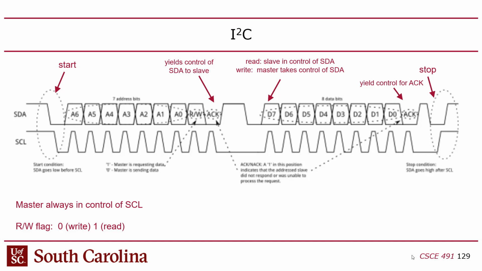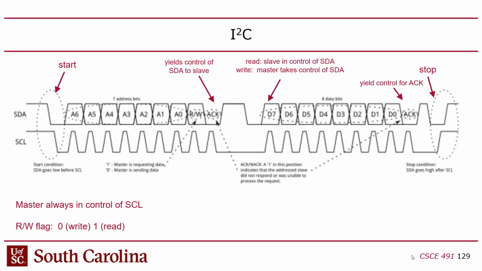Now, one of the things that's kind of cool about this is I mentioned that generally speaking, the master controls the clock. The slave or the master could be driving the data line, depending on what phase of the transaction we're on. But there are cases where the slave can actually manipulate the clock. This is kind of a neat feature of I2C.